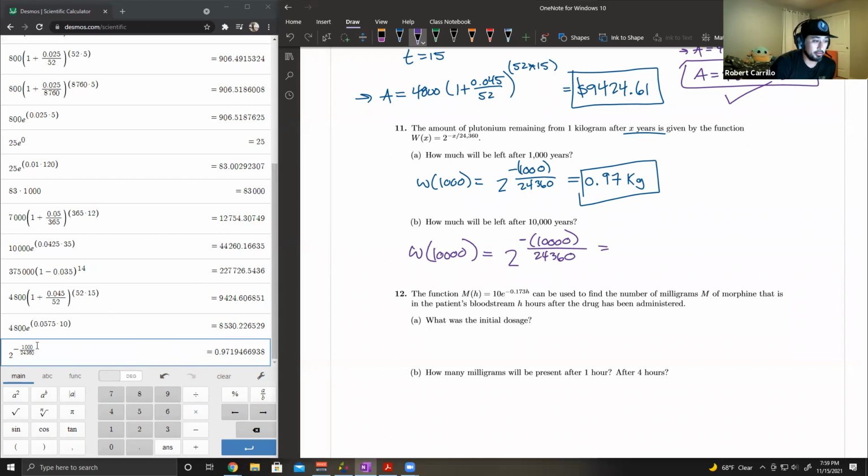And all I'm going to do, cheat code here, look at this. Just go back to what I typed in Desmos and add a 0 to the numerator. And after 10,000 years, you'll have 0.75 kilograms. Okay. Everybody go with that one. That wasn't bad. That was easier than the other ones we've done today.